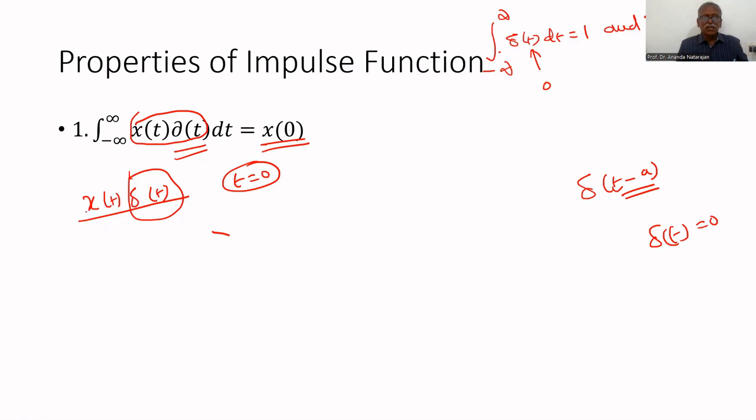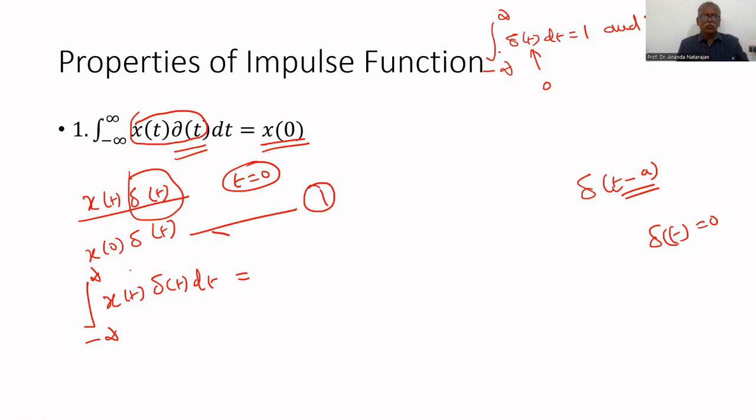Therefore, instead of writing x of t del of t, we can write x of 0 del of t. Therefore, the first integration, integral from minus infinity to plus infinity of x of t del of t dt equals, if you substitute this one, why did we convert x of t to x of 0?